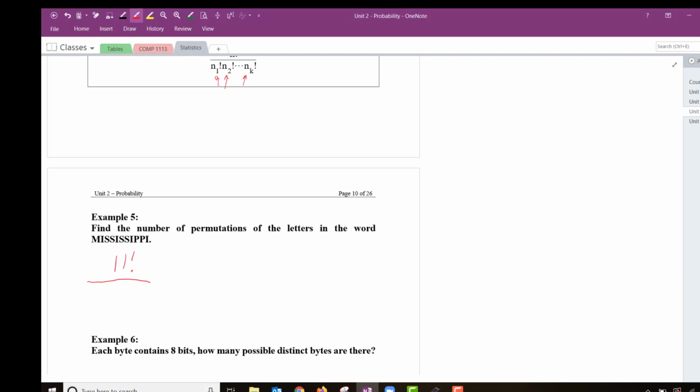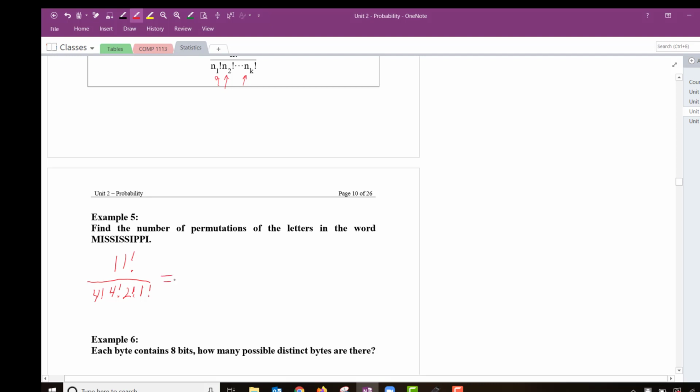So we have to basically reduce it by the total number of S's I see. I see 4 S's, so 4 factorial for that. And I see 4 I's. And I see 2 P's. And I see 1 M. So the numbers on the bottom should always add up to whatever's on the top.